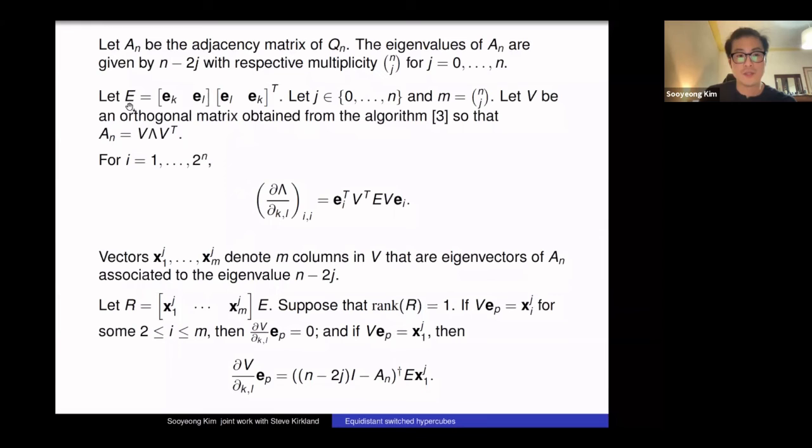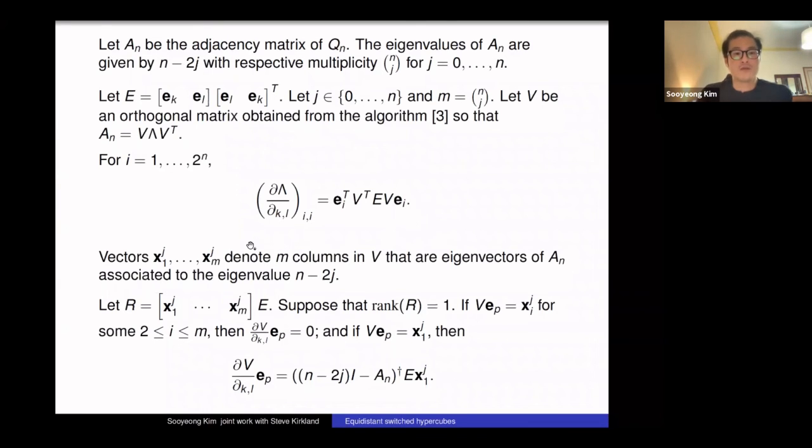We focus on a particular edge, say K and L. Then the matrix B, as seen above, is an orthogonal matrix, and suppose that we obtain that matrix according to Algorithm 3 in this paper. Then A sub n can be written as V lambda V transpose, and by using this V, round lambda over round K and L can be obtained.